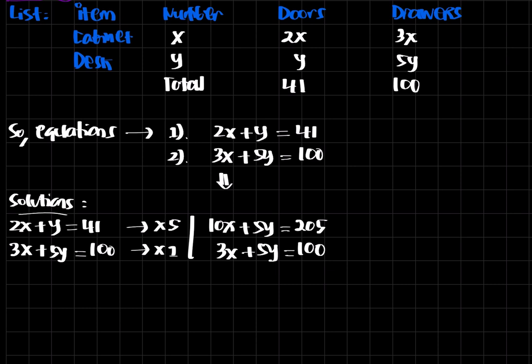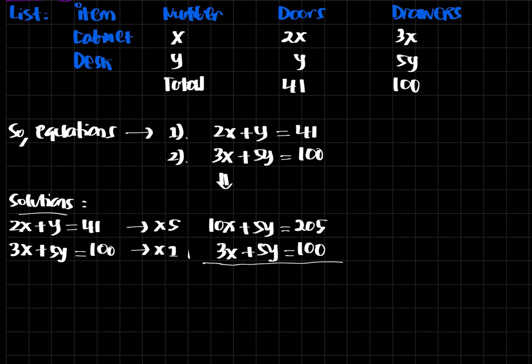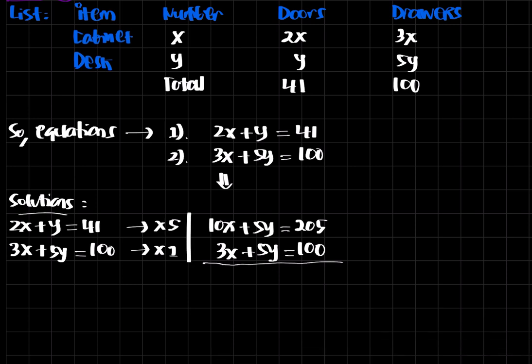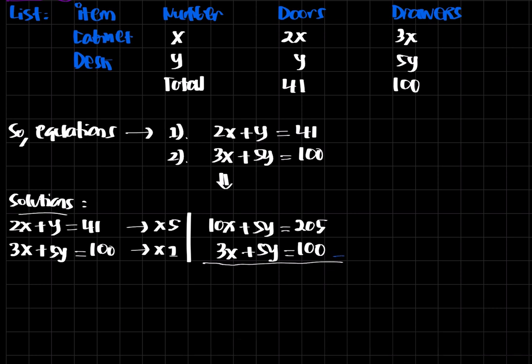So you have it already. Now we can subtract them. Why do I have to subtract? Because I want only one variable remaining. So subtract this first because I want to find the value of x. So 10x minus 3x equals 205, right?